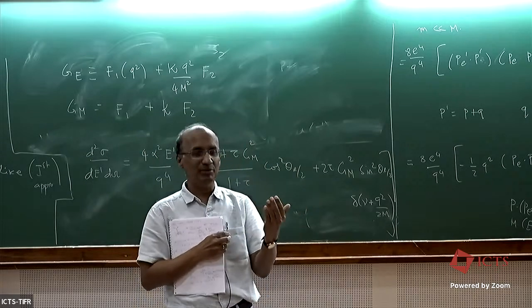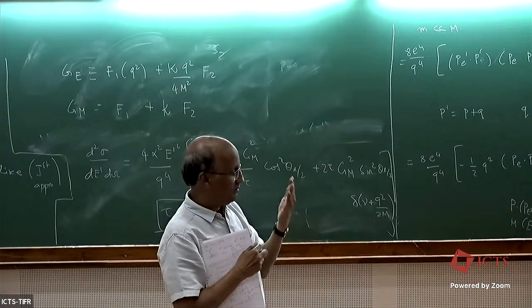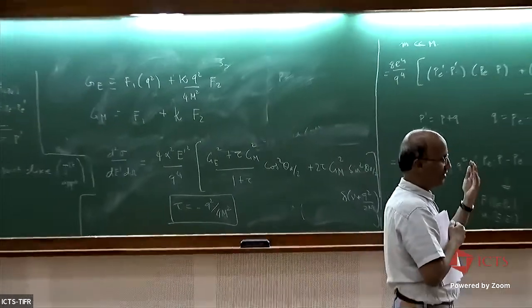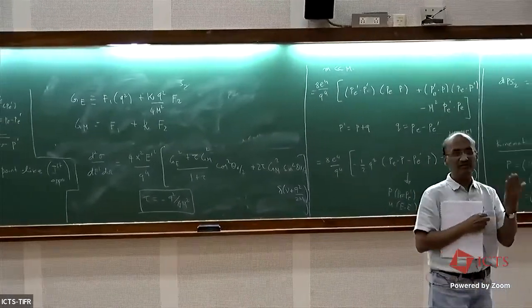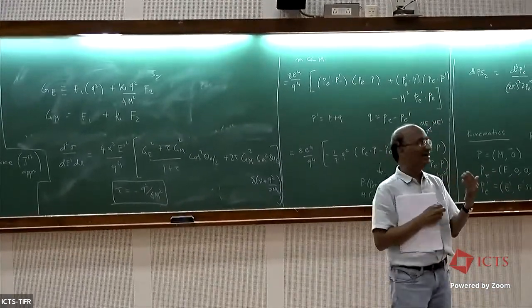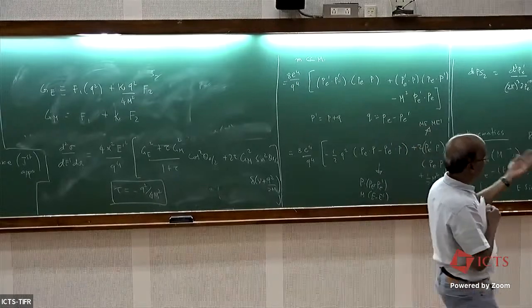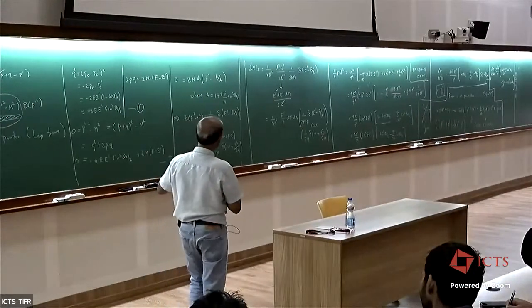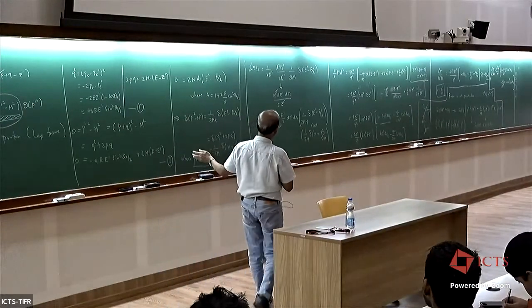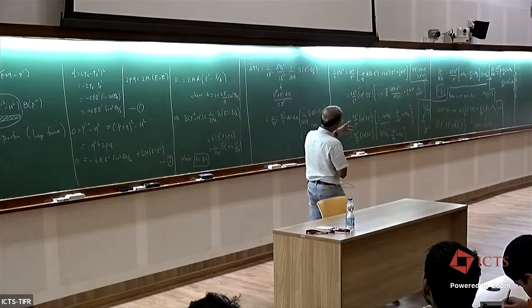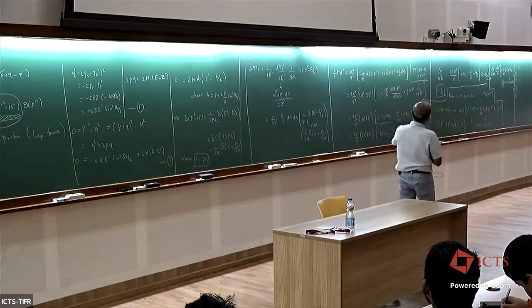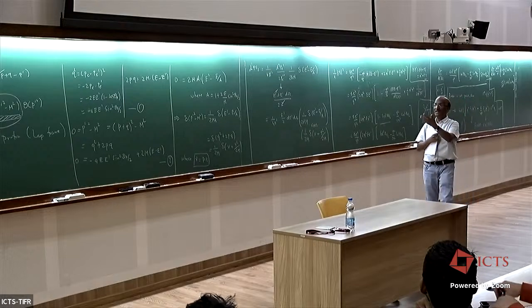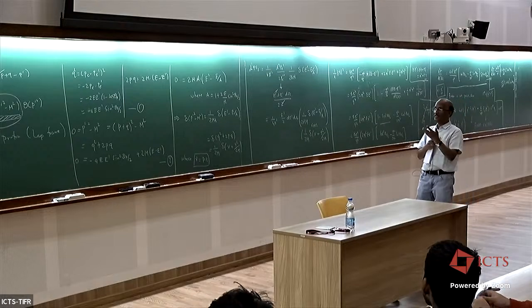We assume that the proton is a spin-half particle, and it interacts with the electron through electromagnetic interaction. These are two assumptions that I have made, and I parameterized the interaction vertex, or the current responsible for this scattering, in terms of two unknown functions F1 and F2, equivalently in terms of GE and GM.